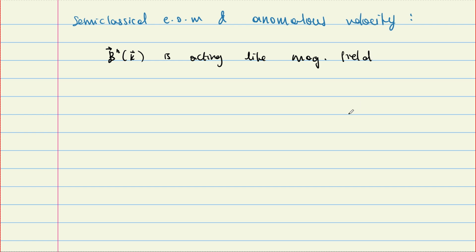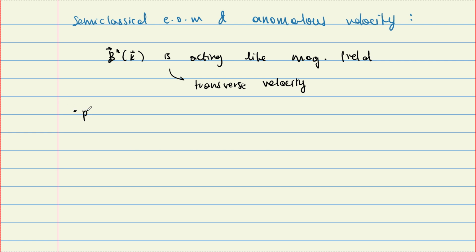And we know a magnetic field is going to generate a transverse velocity, and it is responsible for the Hall effect. And the question is, can we also obtain a transverse velocity from this Berry curvature? And the answer is yes, and I'm going to try to show you that.